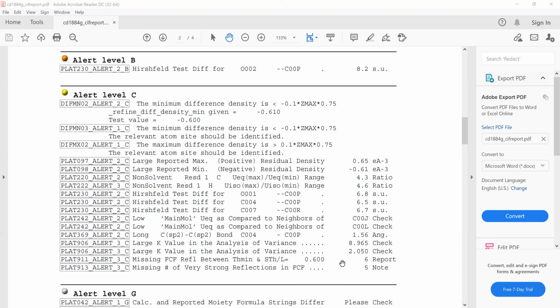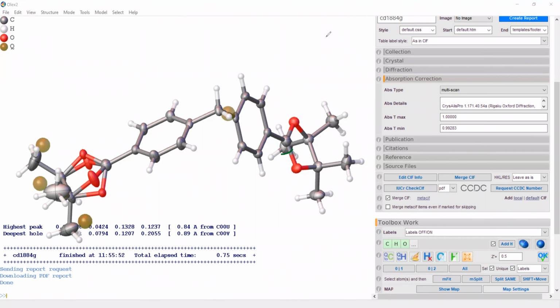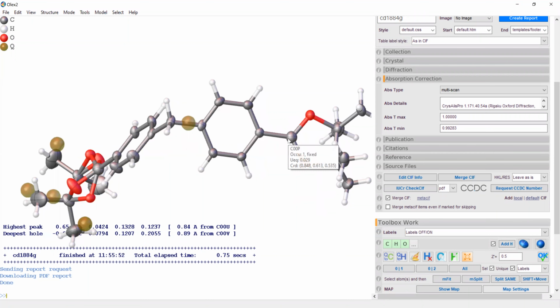So let me switch back to OLEX. So it was C00P. Oops. So this is C00P, and its thermal ellipsoid was smaller than O002.